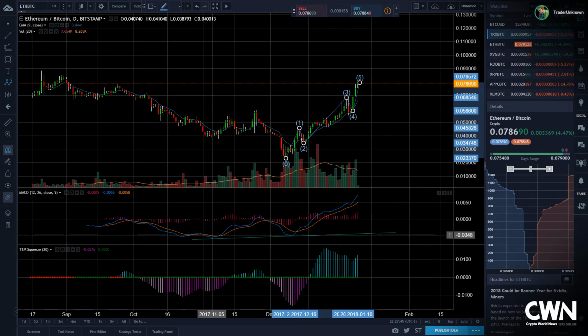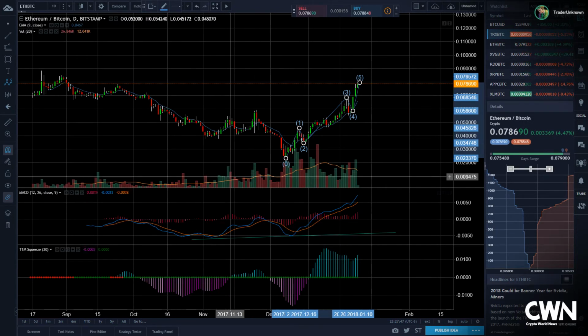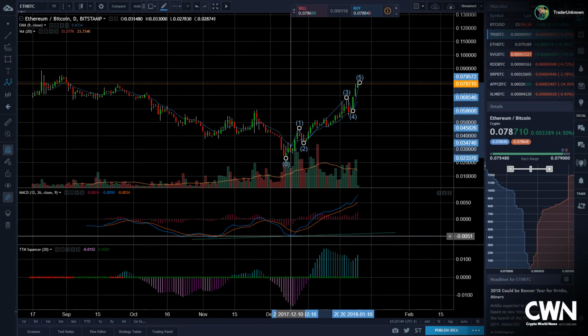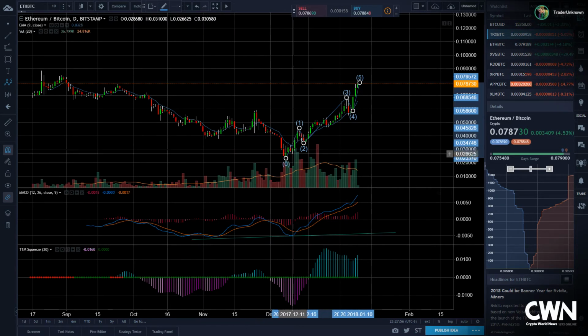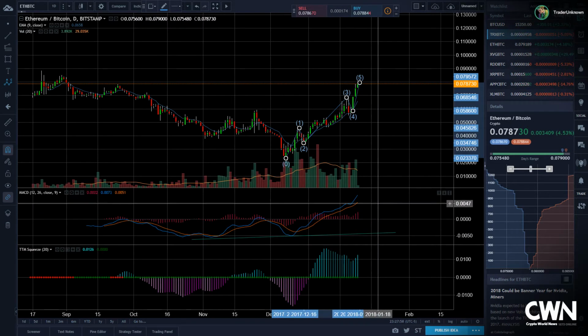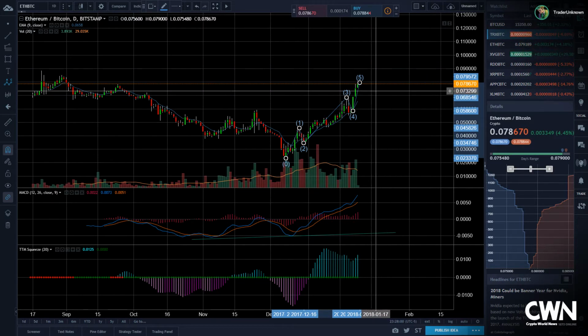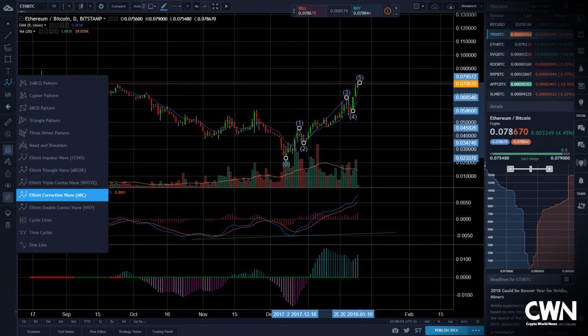Yeah. So and I can find you a better example of this. This is not the best example, but it's actually there. It's ever so slightly sloped up, and I can show you a reversal pattern in ZRX in a minute here, because it's got a better divergence that we can look at.